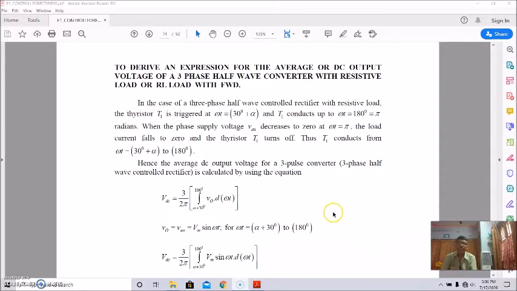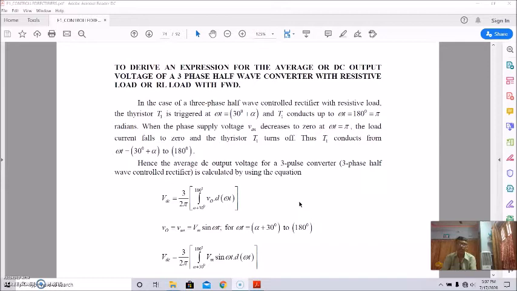In a three-phase half-wave control rectifier with resistive load, thyristor T1 is triggered at omega t equal to 30 degree plus alpha, and thyristor T1 conducts up to omega t equal to 180 degree, that is equal to pi radians.